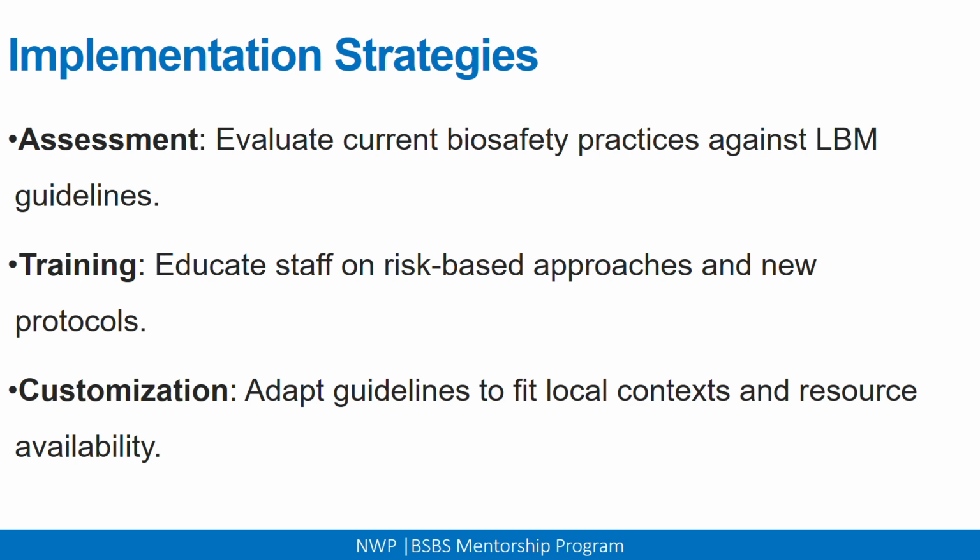After that, you look at what some of the gaps are, the things that you may not be doing that the guidelines are telling you to do, and that is what you are going to implement and improve your overall biosafety implementation, either at facility level or any level that you're looking at.